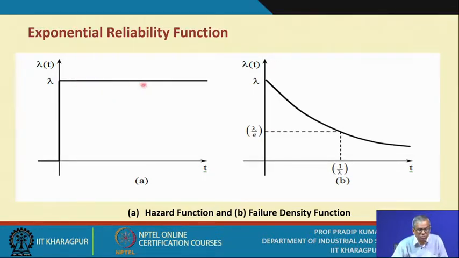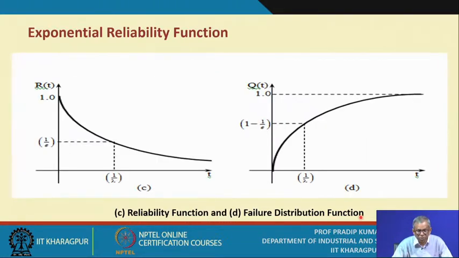You will find this is constant, and then this is lambda(t) versus t. This is a function of t, this is the second case, is it okay. As time passes, you will find that lambda changes, so that is the second case. That means hazard functions and failure density function. Okay. Then you have these reliability functions, is it okay.